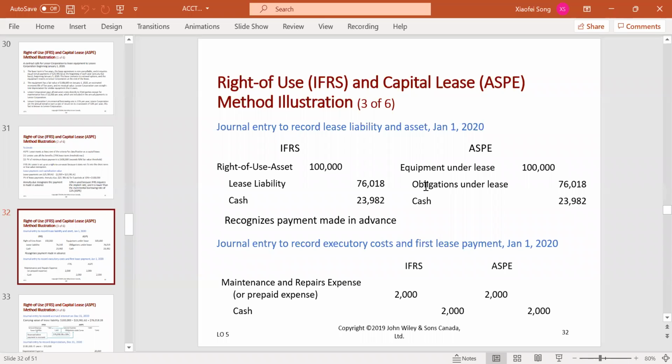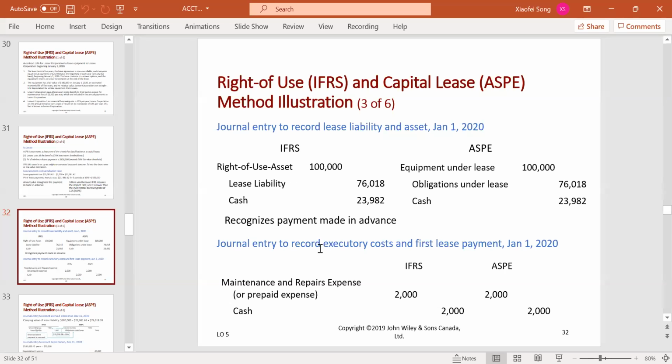Like in many parts, the terminology is different between IFRS and ASPE. Like in tax, the word deferred is used in IFRS and the word future is used under ASPE, right?